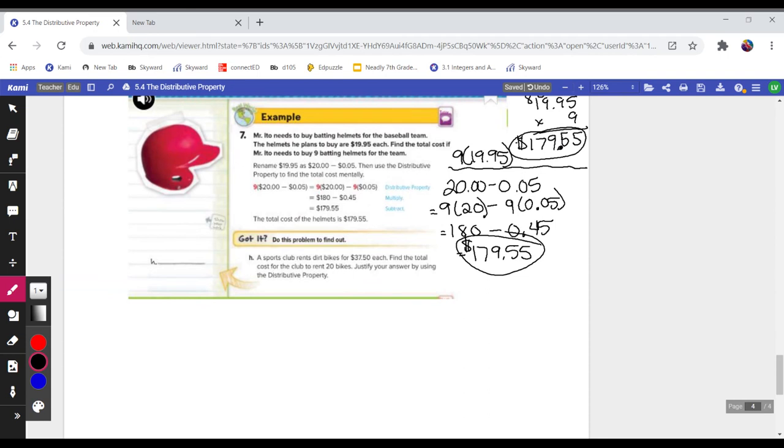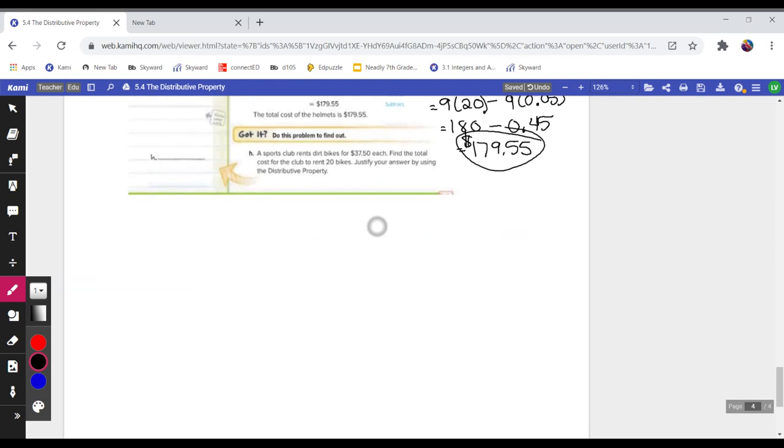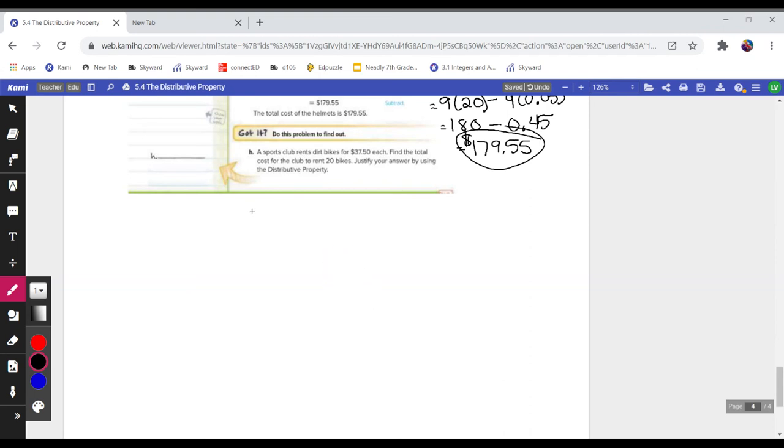So letter H, a sports club rents dirt bikes for $37.50 each. Find the total cost for the club to rent 20 bikes. Justify your answer by using the distributive property. So you can take 20 times $37.50. So I'm going to distribute 20 to 37.50.